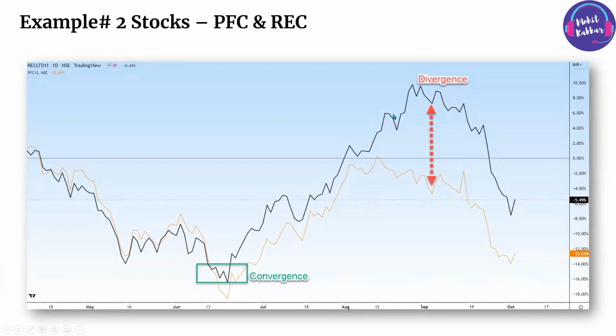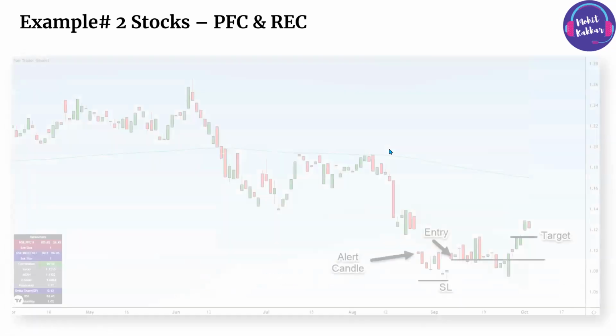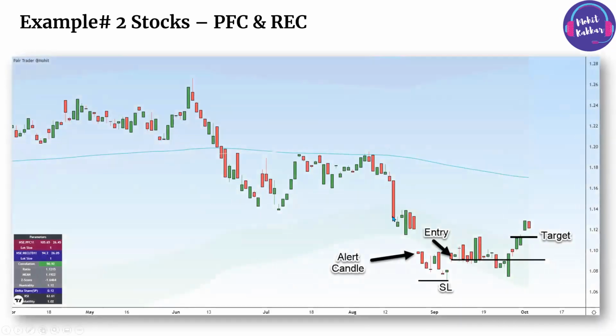Here our z-score would be somewhere around 2.7 or 2.8. But my alert condition is as per the rules I mentioned in the condition slide. This would be my alert candle, not this, not this, not here.